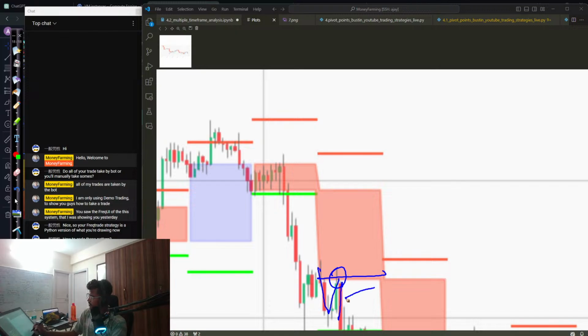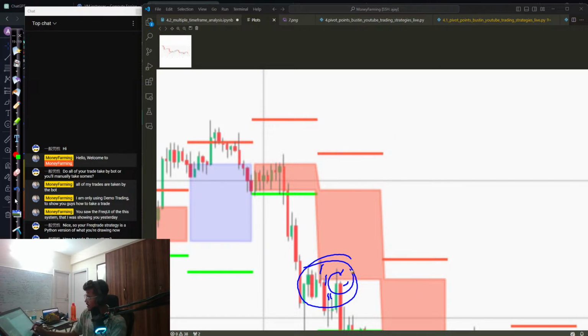So see this, what we can do is, it came down, it went up. So this is where we can initiate a trade. Now what can be the condition here? See, 1 2 3 4 5 6 candles, right? We can look around 5 to 6 or even 8 candles behind.